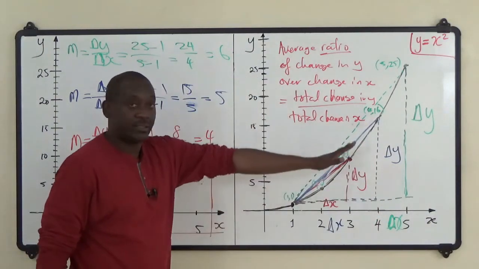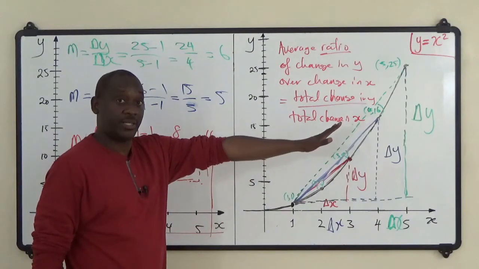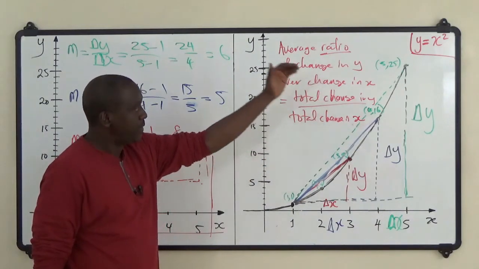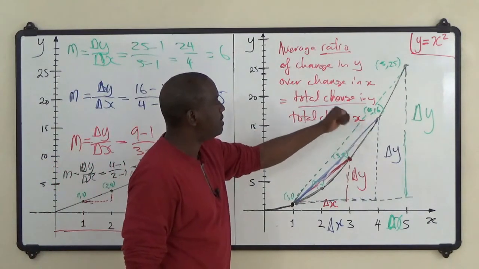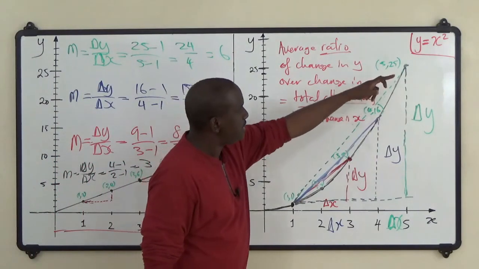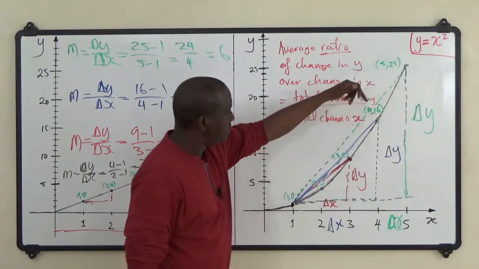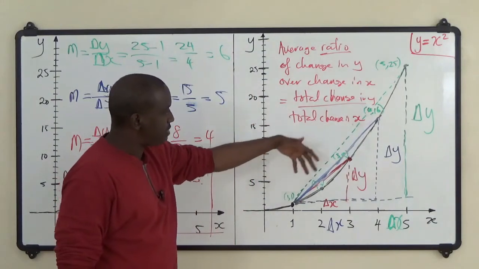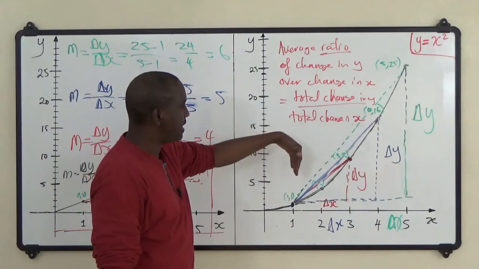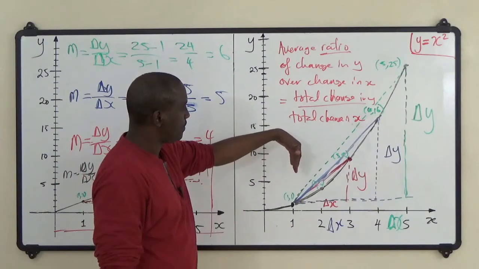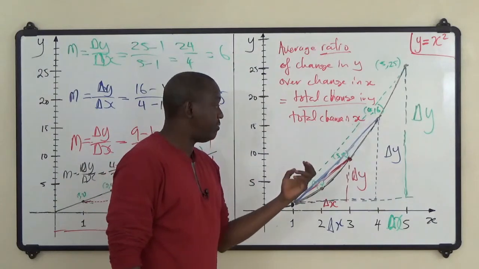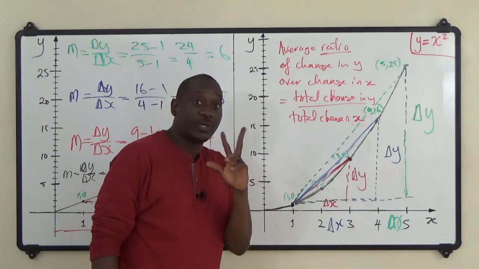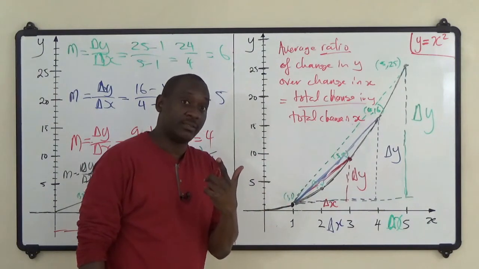We know it so instinctively that even to hear me discuss it like this, it still requires some thought. On the other hand, where the curve is concerned, the curve of y is equal to x squared, we have seen by observation and by calculation that the gradient, or the average ratio of the change in y over the change in x, between any 2 points on the curve depends on the location of those 2 points.